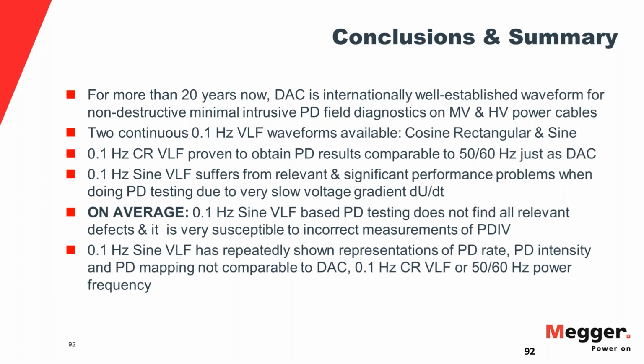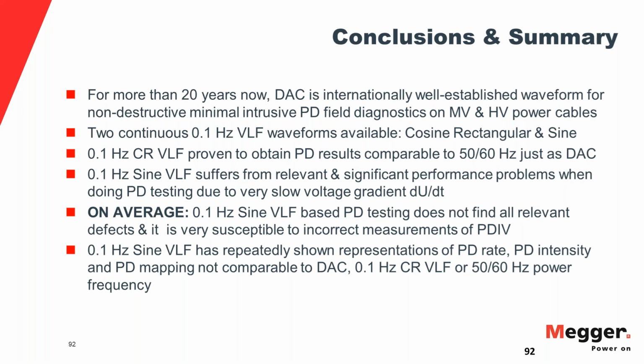And now circling back to what you just saw, if really 90% of the failures are happening in accessories, and if accessories are layered interfaces, and if you do not have to worry so much about the local isolated weak spots, and you should worry about the surface discharges and the tracking and everything in the layered interfaces, you should combine the VLF testing with PD testing, and then you can use slope because it's a fully standard compliant waveform giving you the pressure test, the withstand test, and it duplicates the correct physics that will give you the right activity in the splices if there is any.